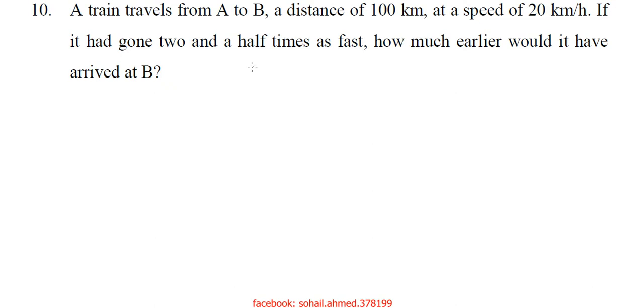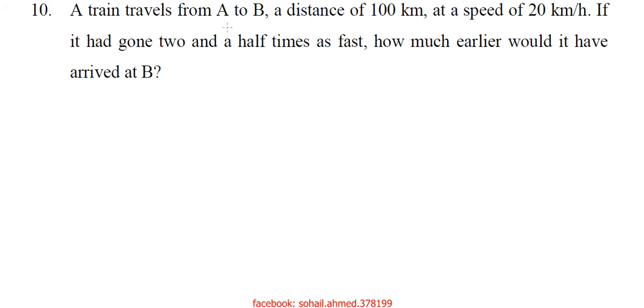In the second case, the speed will be 2.5 times the first time. So in both cases the distance is 100 km. We have to find the difference between the initial time and final time.